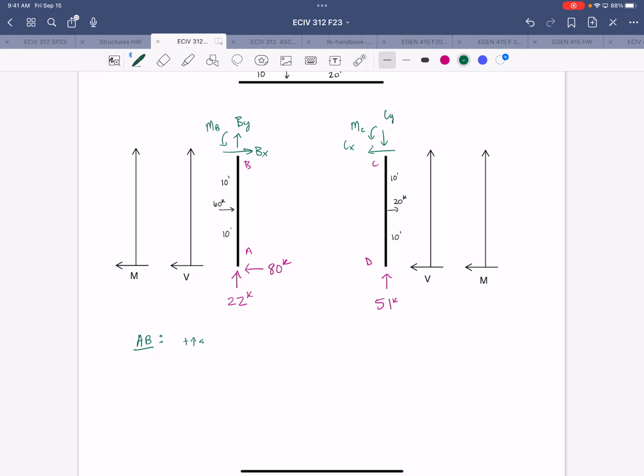And from summing forces in Y, we get BY is equal to 22 kips downward. From summing forces in X, we get BX is equal to 20 kips to the right.